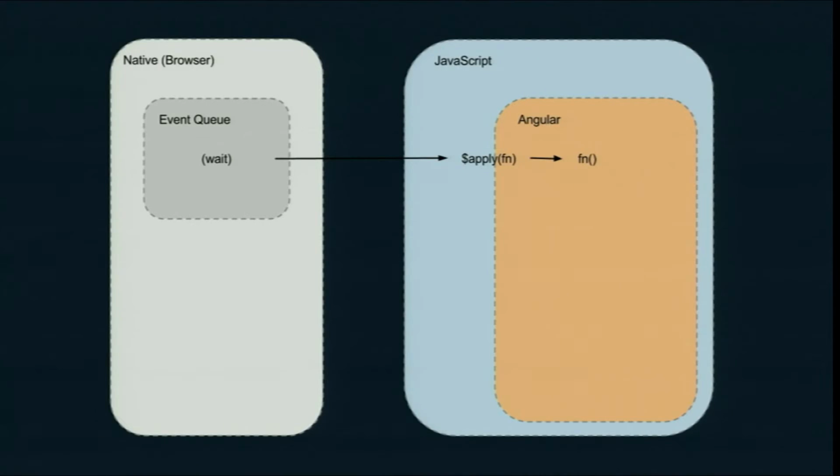What happens then, it calls our function. This might be ng-click equals doSomething. doSomething is then called. We then enter the mystical digest cycle, or the digest loop, which essentially loops over all the bindings in the current view, for example.